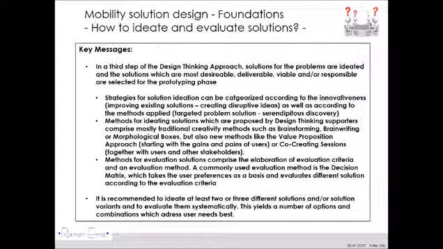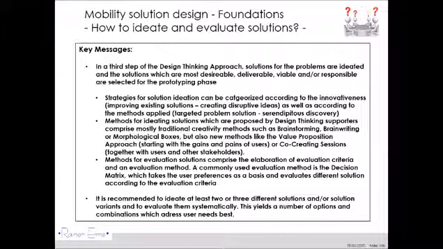Then I showed you some methods you can use for ideating solutions, which reach from classical methods like brainstorming, brainwriting, morphological boxes, to newer ones like the value proposition approach, or co-creation sessions together with users and other stakeholders.